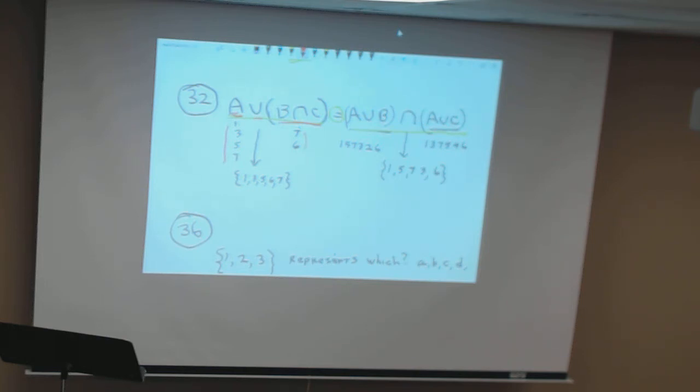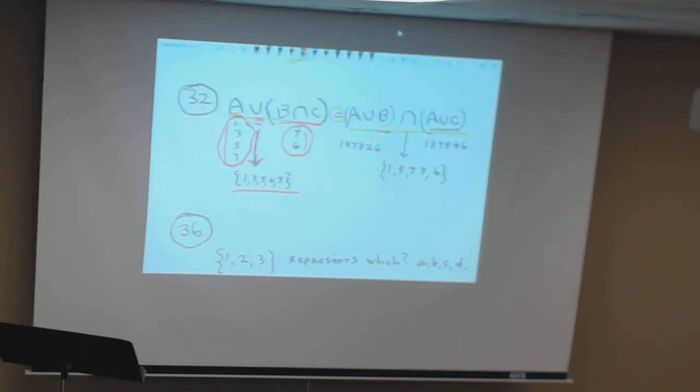What's the union of 1, 3, 5, 7 and 7 and 6? 1, 3, 5, 7, 6. Am I going too fast? You see what happened? I made A, and I made the intersection of B and C. Then I came down here and said, what's the union of those two? What happens when I unite this with this? I get 1, 3, 5, 7, 6.